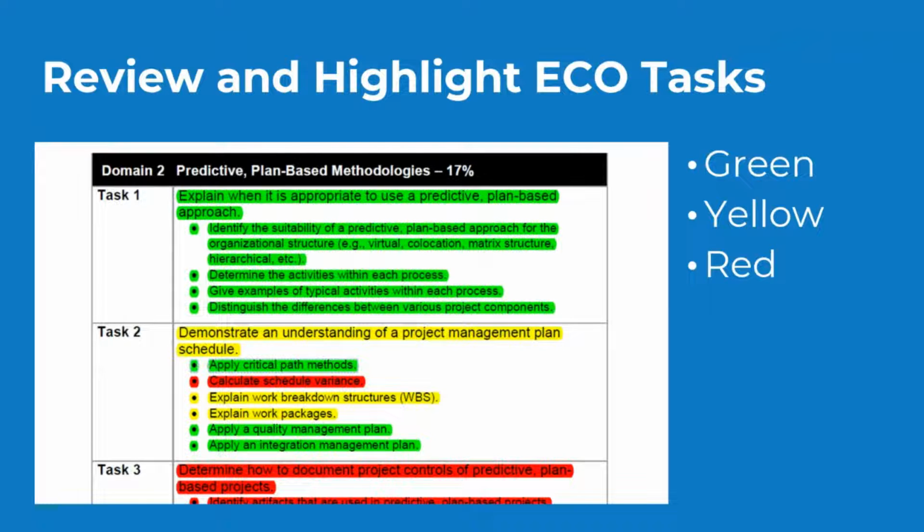If you got that wrong, you say, I don't know what the schedule variance is. I really need to look into that, okay? And in this way, you now know where you're good, where you're sort of okay but might want to look into, and where you need additional training.